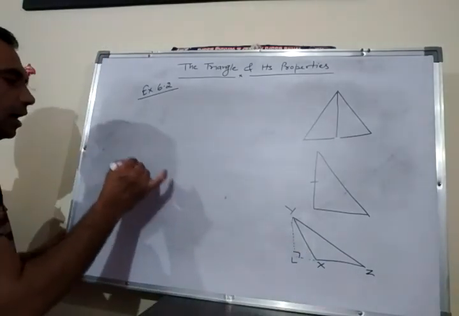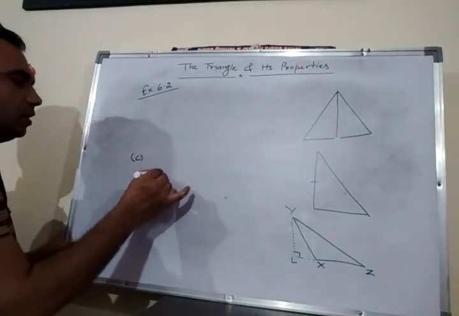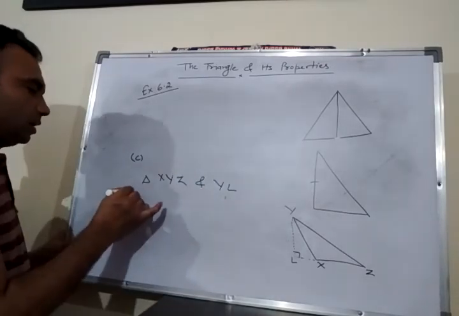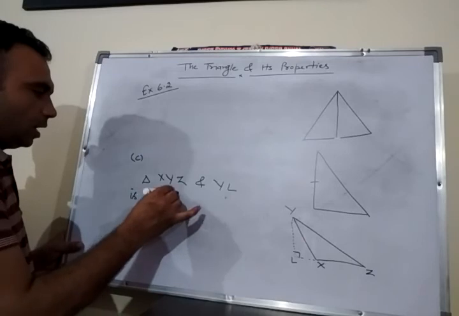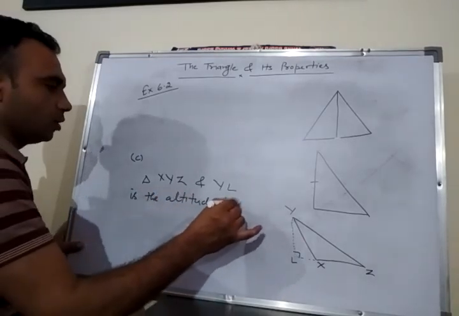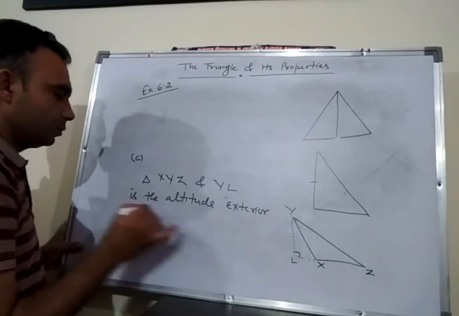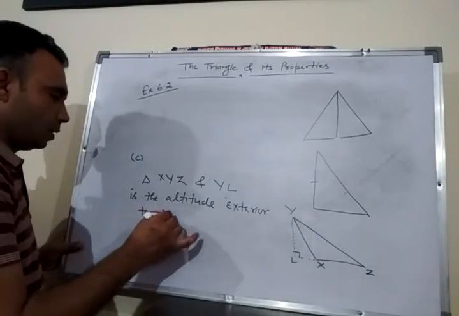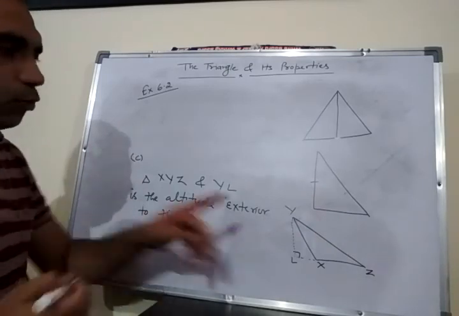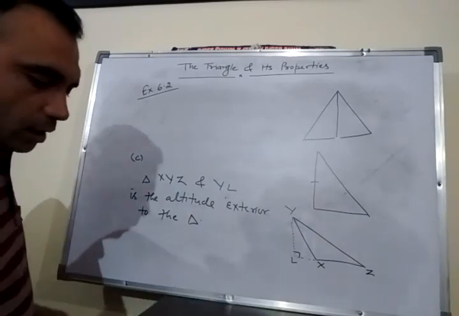So triangle XYZ, part C, YL is the altitude exterior to the triangle. So this is question number 2. We have to prepare an obtuse angle triangle.